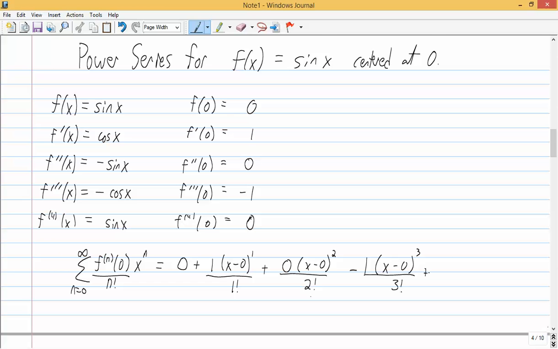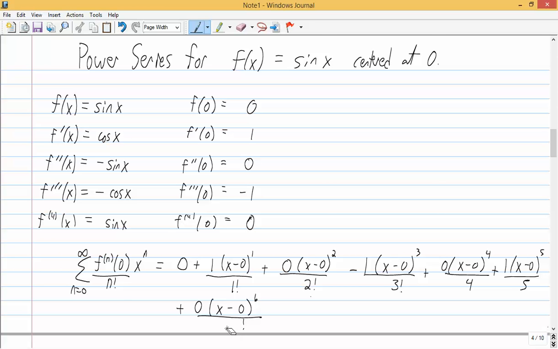The next term would be 0 times x minus 0 to the fourth over 4 factorial. Then the next term starts over at 1, so then I have plus 1 times x minus 0 to the fifth over 5 factorial. Then the sixth term would be 0 times x minus 0 to the sixth over 6 factorial.